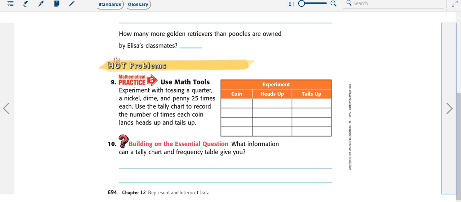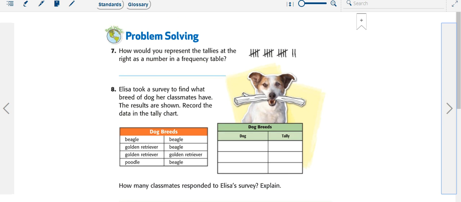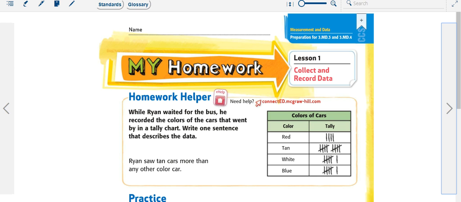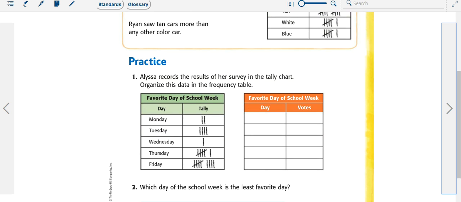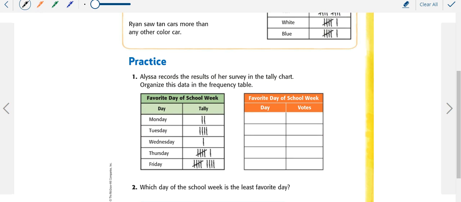Turn your pages, please. Now, problem solving. We are not going to do this page, so please turn your page on my homework. Let's do it together. Alisa records the results of her survey in the tally chart. Organize this data in the frequency table, okay?